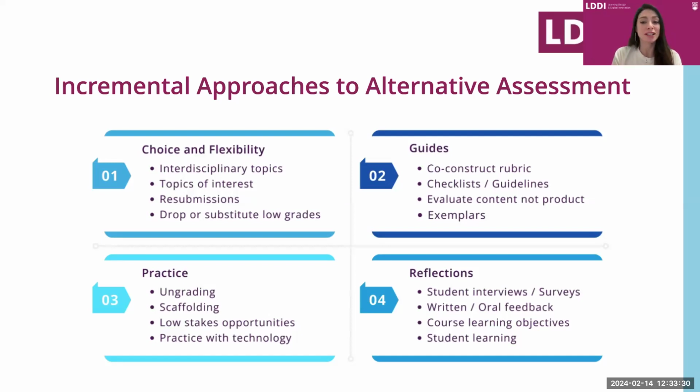So for example, while assigning a discussion post is completely fine, we invite you to ask your students to choose the reading they want to respond to, choose the modality they respond with, so potentially audio, written, video, a graphic, and to make connections to their lived experiences and professional contexts, and to make that a requirement. And in terms of flexibility, it's also important to consider removing timed quizzes and exams, and perhaps even incorporate more open book exams and quizzes to lessen that anxiety and stress that's often associated with those timed exams.